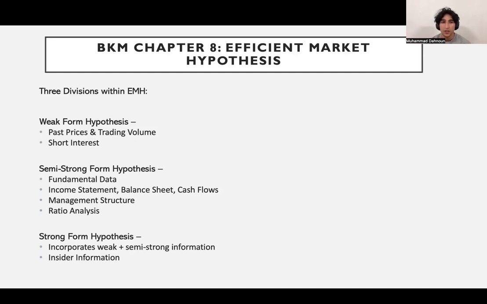And then we have semi-strong form hypothesis, which really covers a lot. And that's why it's called semi-strong and not semi-weak, I guess. So we begin with fundamental data. So the fundamental data of a stock is readily available to the investors, which includes a lot of things like the income statement, the balance sheet, statement of free cash flows.